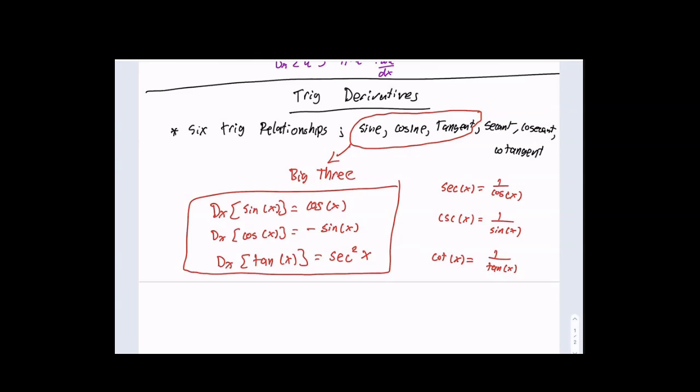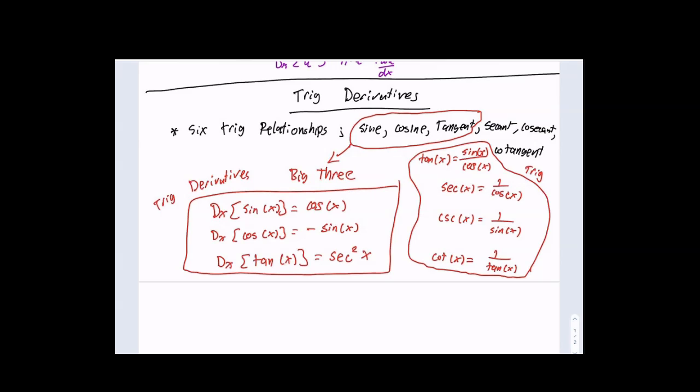It should also be noted that tangent of x is the same thing as sine of x over cosine of x. That's just algebra, that's just trig right there. So in other words, the derivative of tangent of x can also be considered as 1 over cosine squared x.